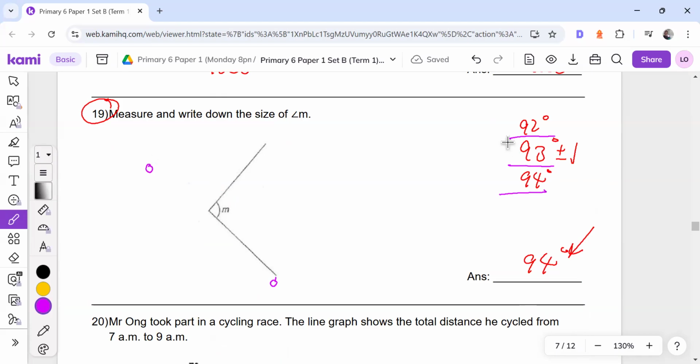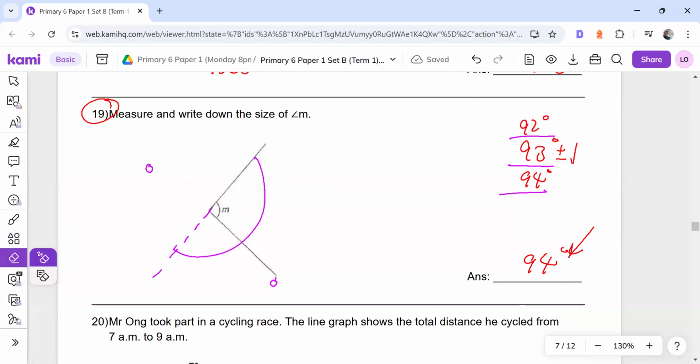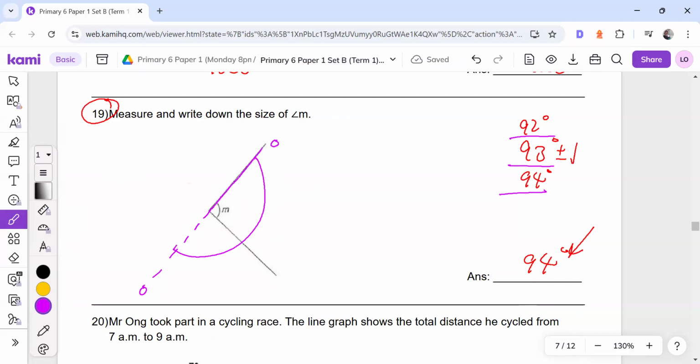If you put the protractor up, like this, then also can, nothing wrong. Then which zero do you look at? You have to look at the zero on this side, the upper one. Then you have to look at the number which the line is touching.